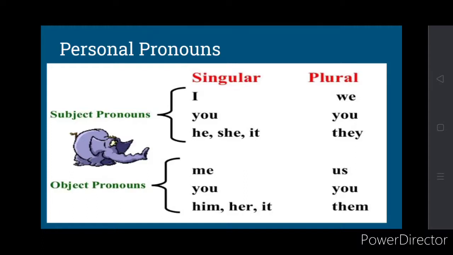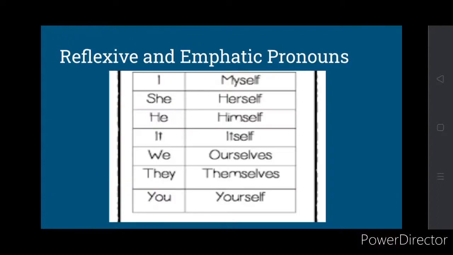Then moving on to reflexive and emphatic pronouns. What are reflexive and emphatic pronouns? These pronouns refer back to the subject, correct? I, she, he, it, we, they, you are all personal pronouns, right?